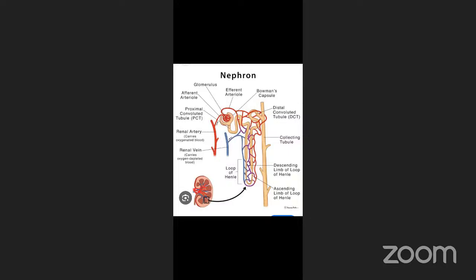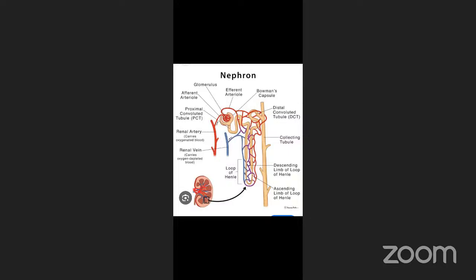Aldosterone hormone is used to increase reabsorption of salts. It is the antidiuretic hormone that causes more reabsorption of water. Do not confuse the antidiuretic hormone and the aldosterone hormone. Get it clear.